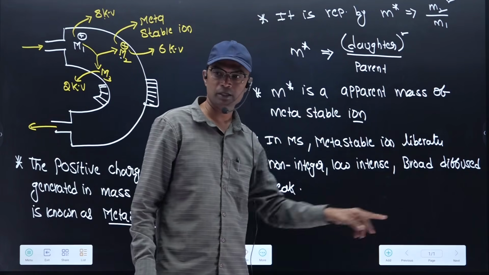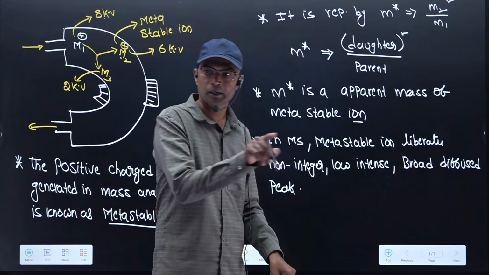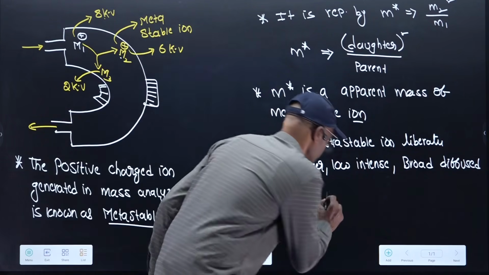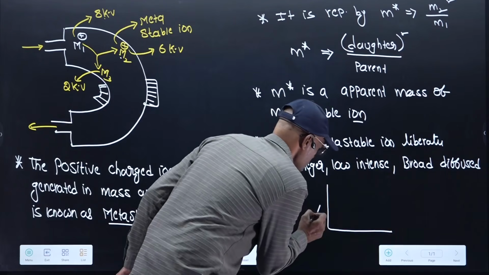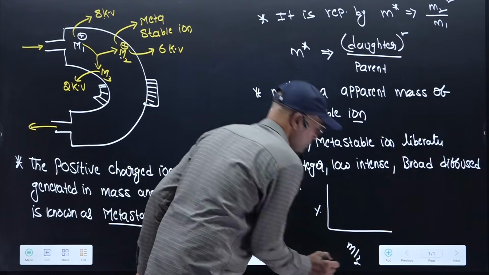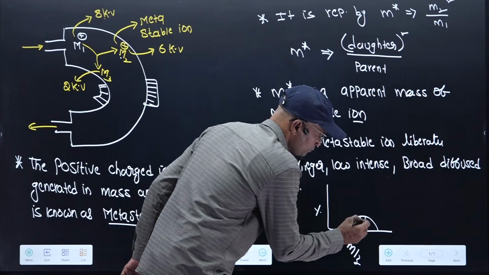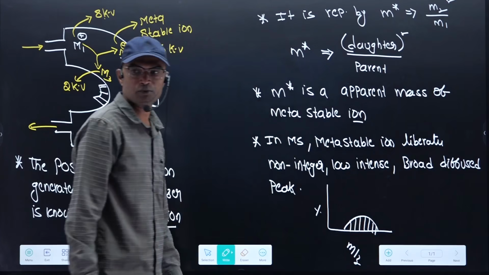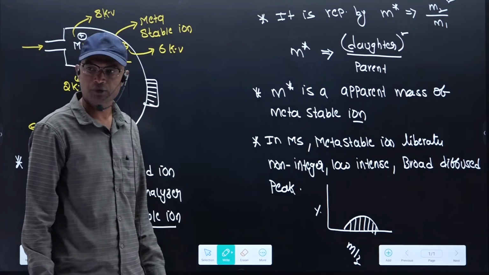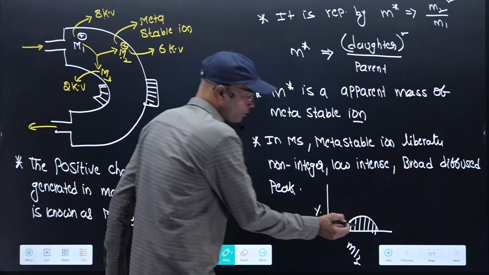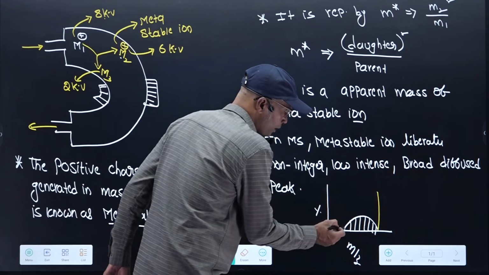And a very, very important thing is that it is always represented by a broad diffused peak. You will get it like this. See, this is percentage of intensity against m by z value. Now, this is a broad diffused peak. When you get a broad diffused peak in mass spectrometry, definitely some ions are generated in the mass analyzer. Here they will write one line, and here I am writing one more line.